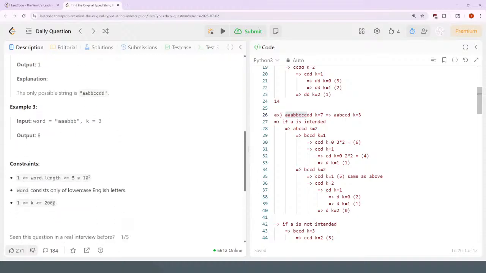So there can be at most 2,000 streaks. And if there are 2,000 streaks, then, yeah. What am I trying to say there?